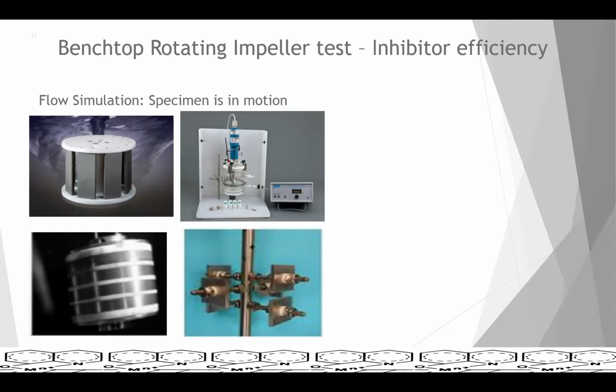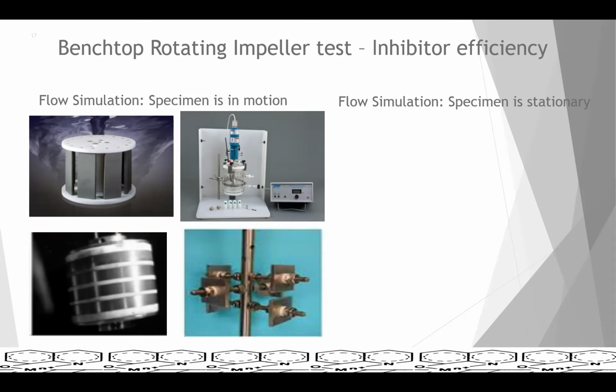And this is well recognized, and people are comfortable using it, including me. But there are some few people who think that we have to simulate the flow in the laboratory. However, the specimen should be stationary. That will better simulate the field operating conditions.